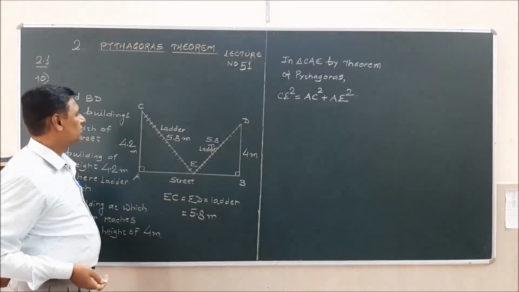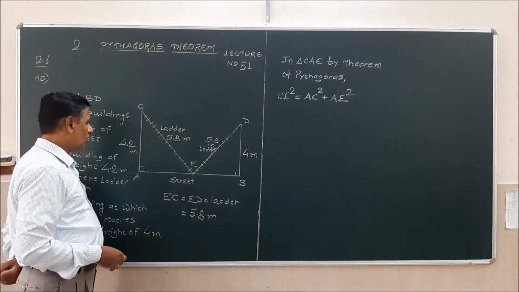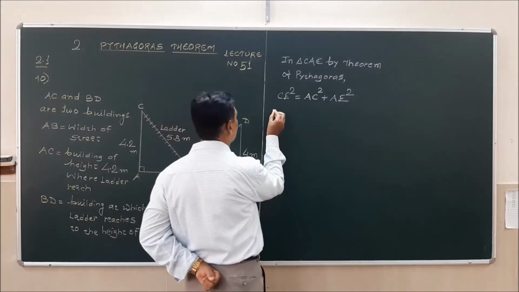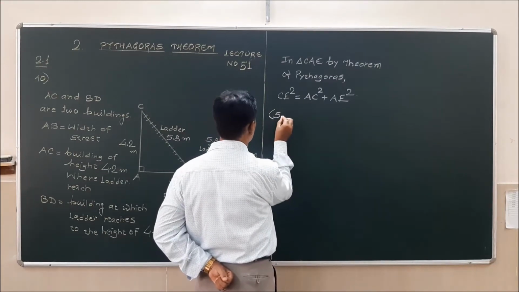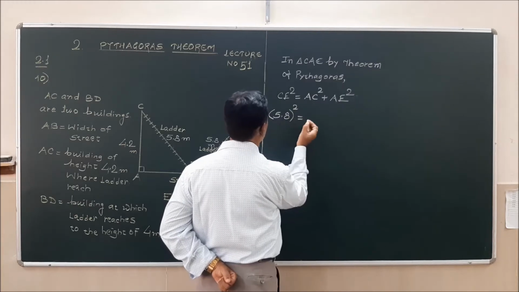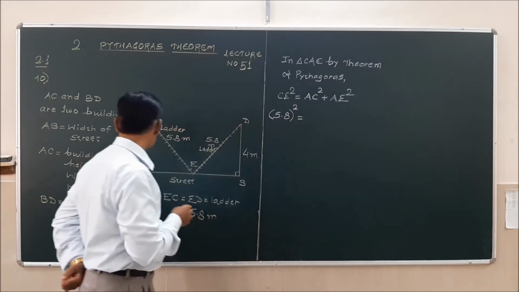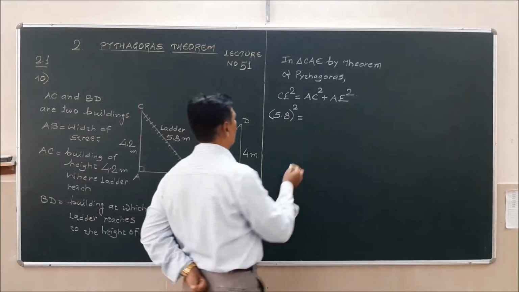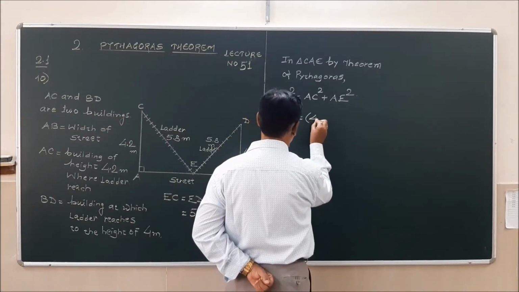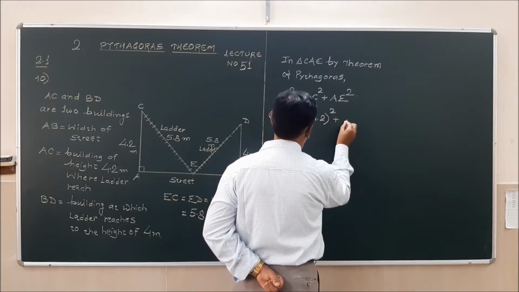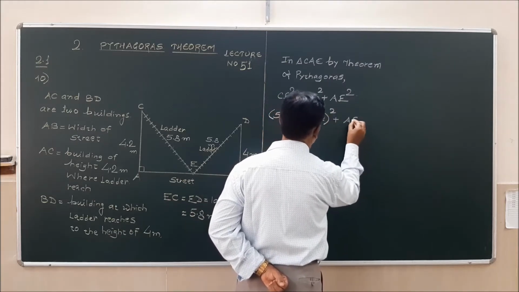Now I am going to substitute the values. You notice EC is 5.8, so 5.8 the whole square, equals AC, which is 4.2, so 4.2 square, plus AE square.